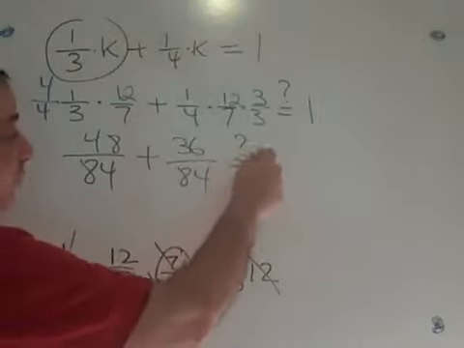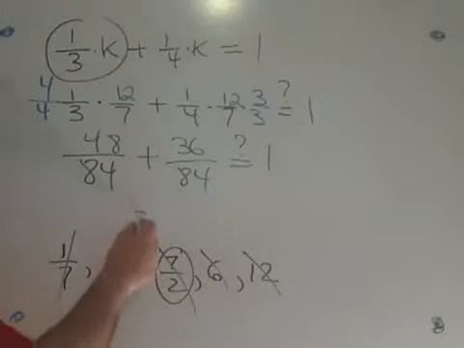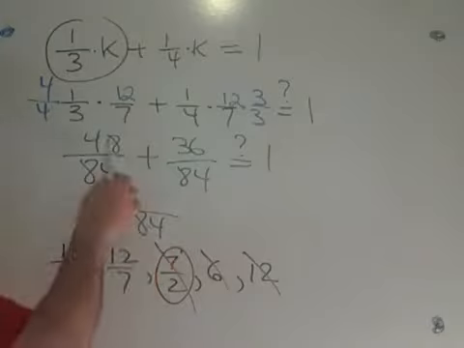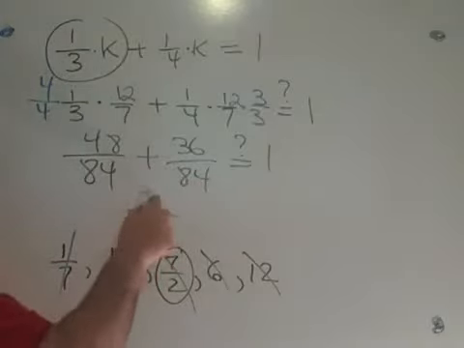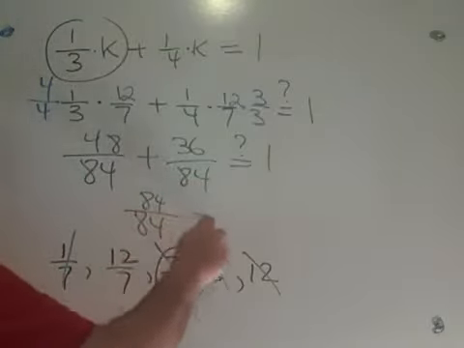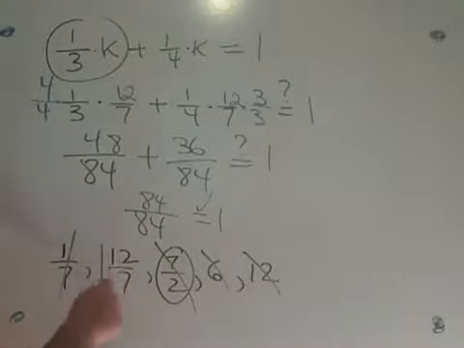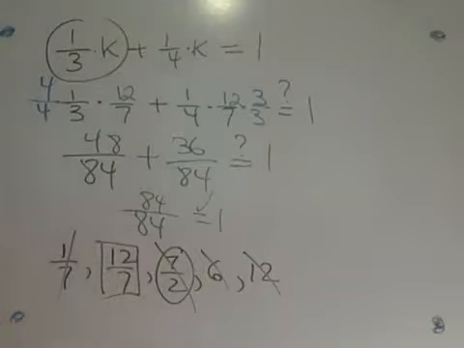And does this equal 1? The answer is yes. In addition, the bottoms are the same. Keep it. When you add the tops, you get 84. And that certainly equals 1. So yes, the answer is k equals 12 over 7. That is the correct answer.